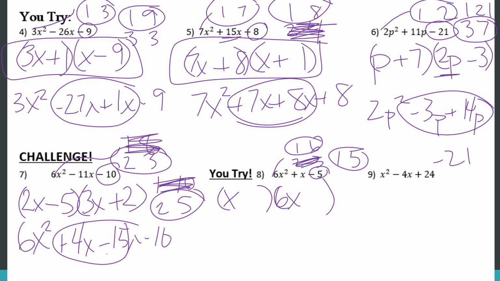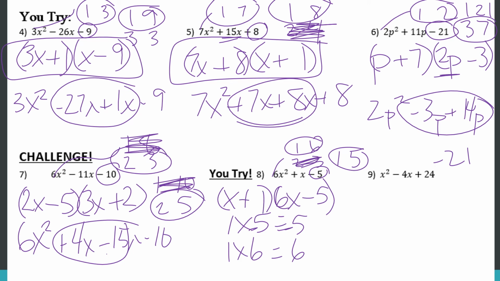And then I wanted 1 times 5 and 1 times 6 to get me 5 and 6, so that if I have -5, that would give me +1. So I already used 1 and 6, and I want 1 to be multiplied by the -5. That means -5 goes here, and +1 goes here.